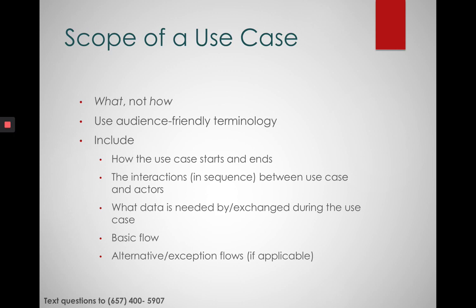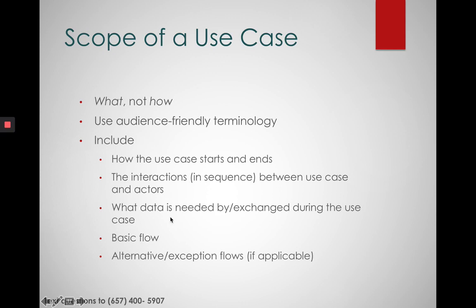Remember that a use case needs to talk about the what, not the how, and use terminology that's not geek speak, so to speak, that's more audience friendly, meaning that people who are not technical can understand it. When we're describing a use case, we want to make sure that we talk about how the use case starts and ends, from the initiation to achieving the goal. And then in between, we talk about the interactions between the use case and actors.